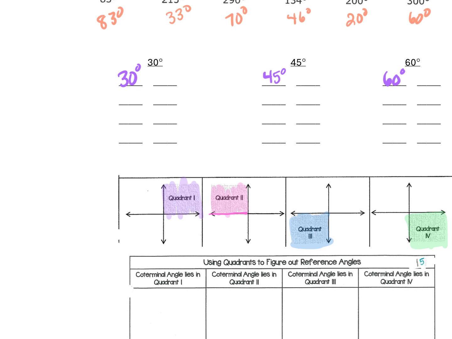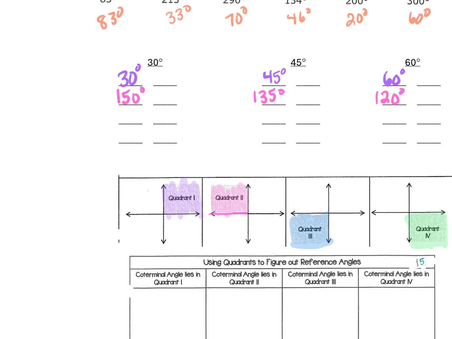If we go back 30 degrees from there, then we're at 150. If we're at 180 and we go back 45 degrees, we're at 135. And if we're at 180 and we go back 60 degrees, then we're at 120. So those are our 30, 45, and 60 degree reference angles in quadrant 2, okay?